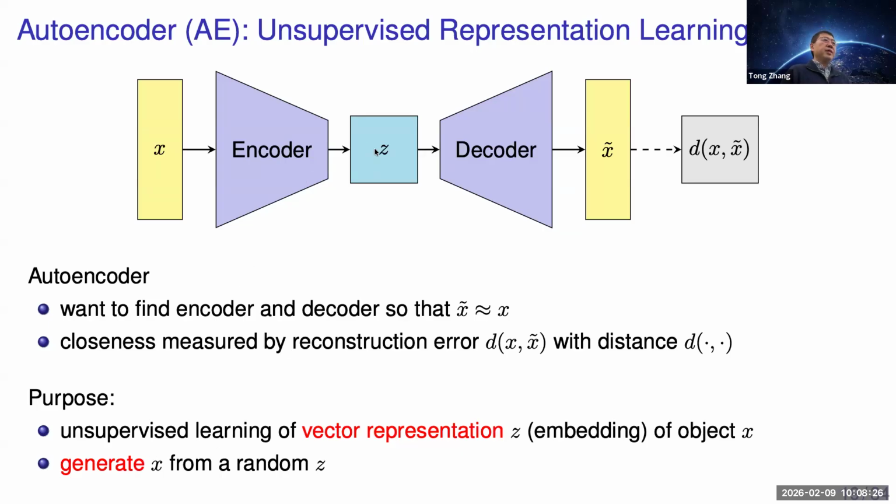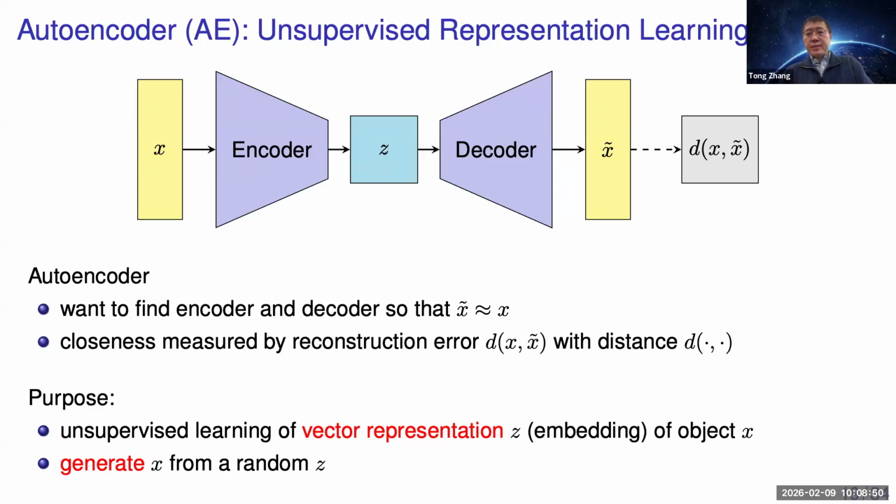Using z to generate other elements is what we call a generator. It's basically the decoder. The decoder is given a representation, and then it comes out as your original, right? So this part is the generation. The other part is representation.